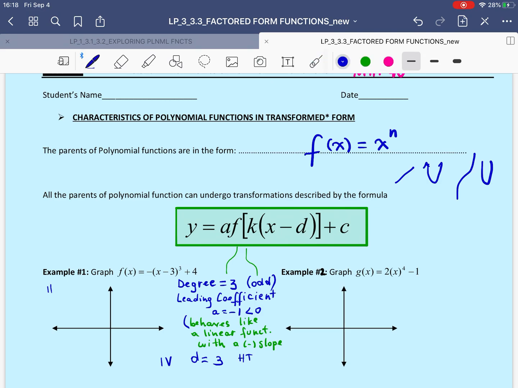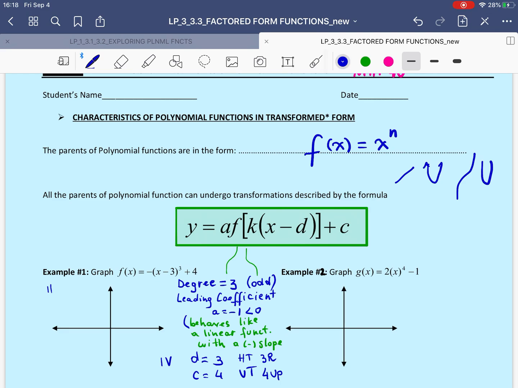So the horizontal translation would be 3 to the right. And the vertical translation is indicated by the coefficient 4, the number we see at the end of the equation. And we'll say that c equals 4, that will guarantee us a vertical translation of 4 up.